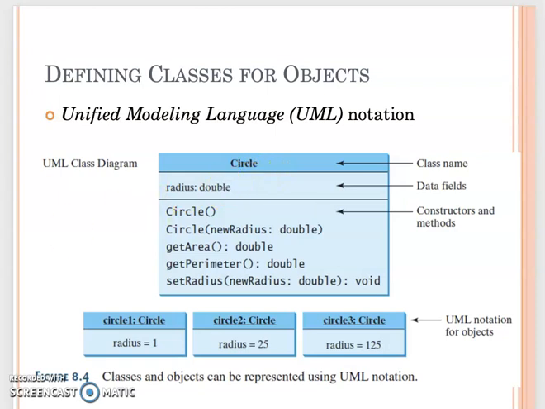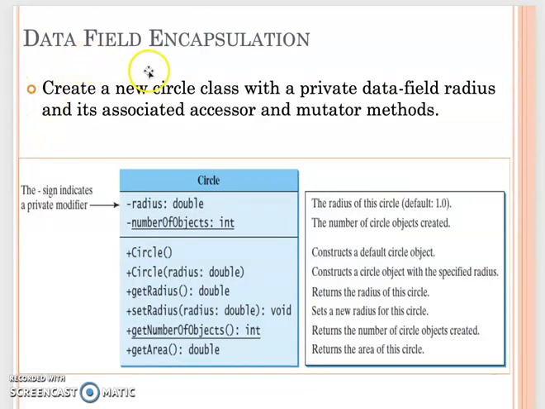But now we need to do data field encapsulation. That means we make all our data fields and methods either public or private access. Public, you have all seen the keyword before because we always make our class public, so that we can create objects. We allow users to create the object, but we don't allow users to modify the data.